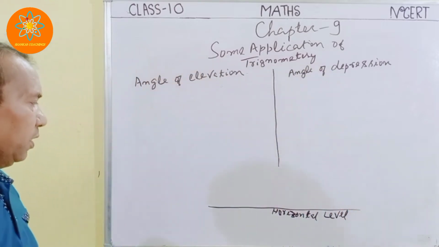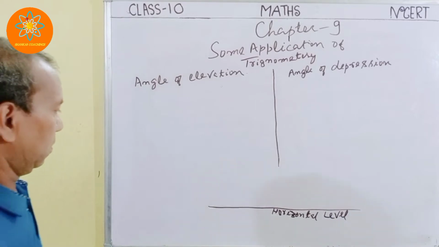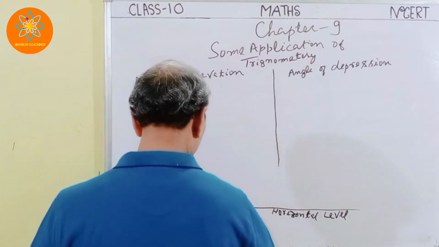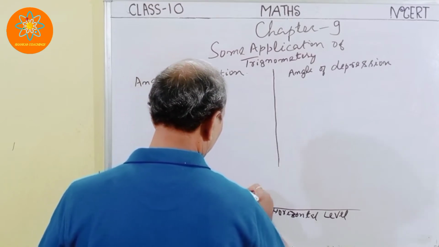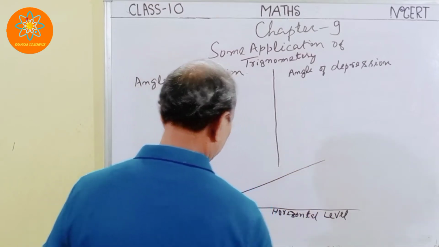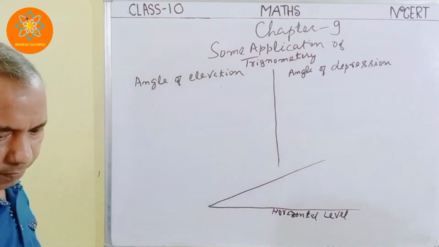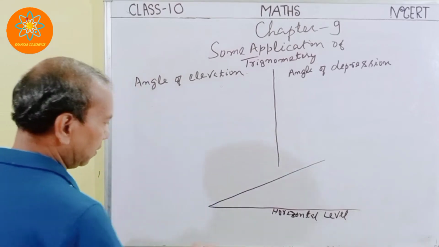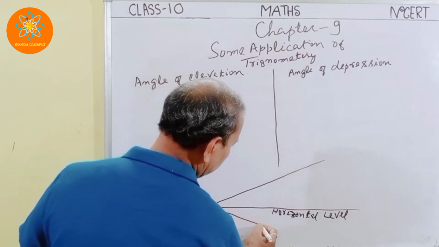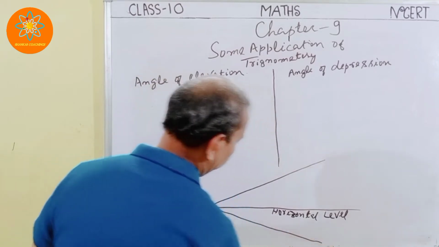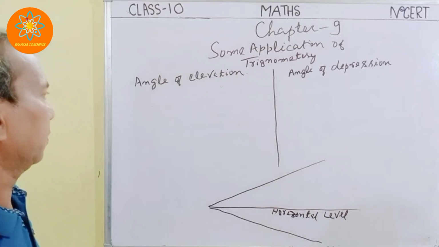Suppose this is the horizontal level. Then this angle is called the angle of elevation, and this value we will call the angle of depression. Okay.